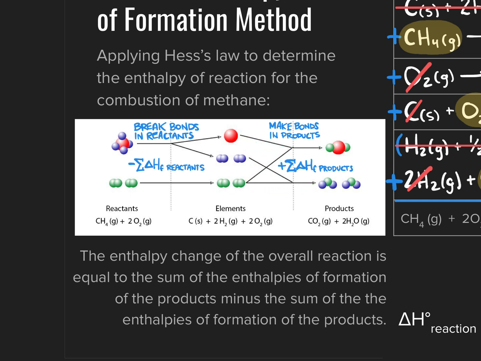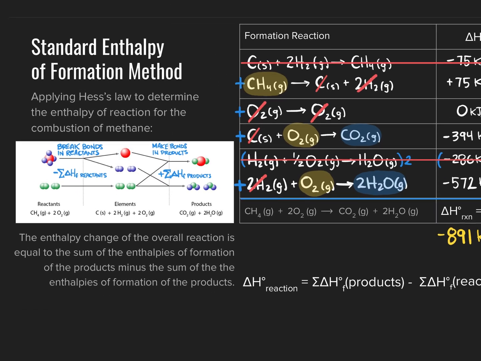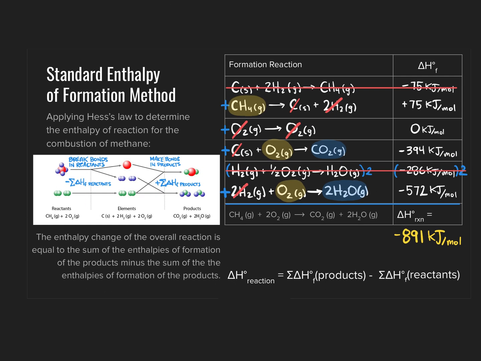So long story short, it would be mathematically a valid statement to state that the overall heat of reaction would be equivalent to the sum of the heats of formation of all the products minus the sum of the heats of formation of all of the reactants. And you'll notice in following this pathway, I'll end up with the exact same resulting heat of reaction as if I had done it step by step using Hess's law as we showed you in the table above.